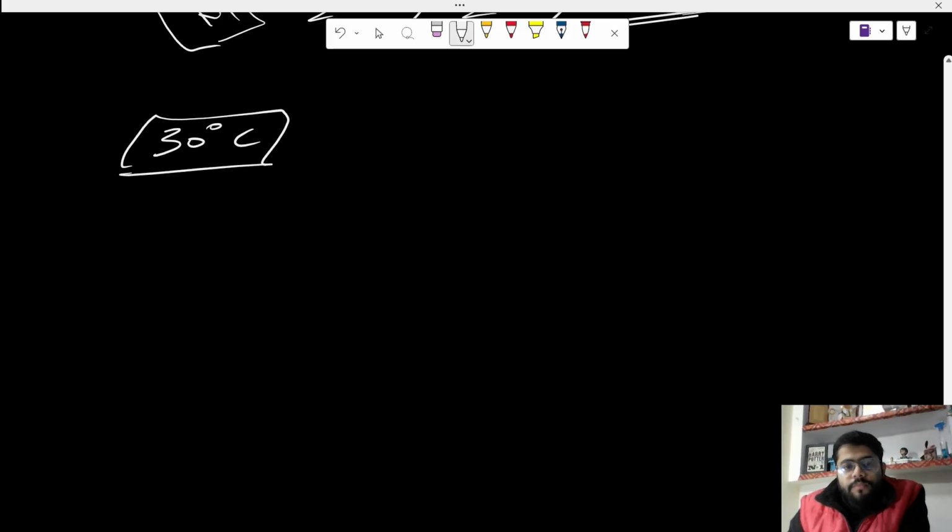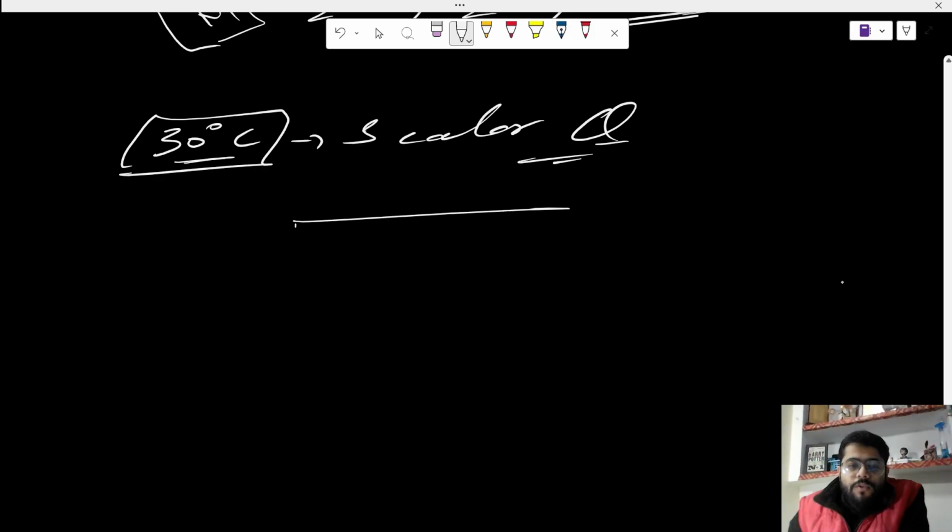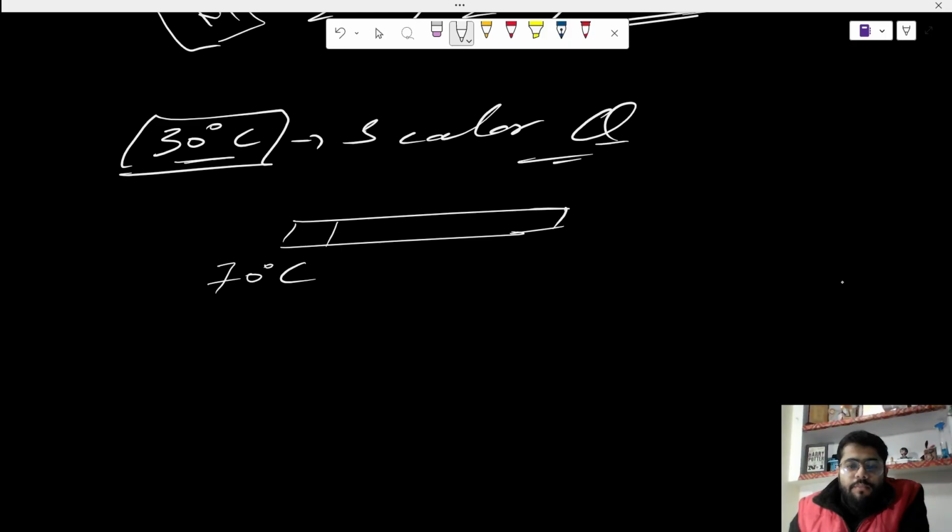Now, 30 degrees centigrade temperature is a scalar quantity. It doesn't have any direction; the temperature is not going in any direction like north, south, east, or west. But suppose we have a rod. At one end of this rod we have 70 degrees centigrade temperature and at the other end 30 degrees centigrade.